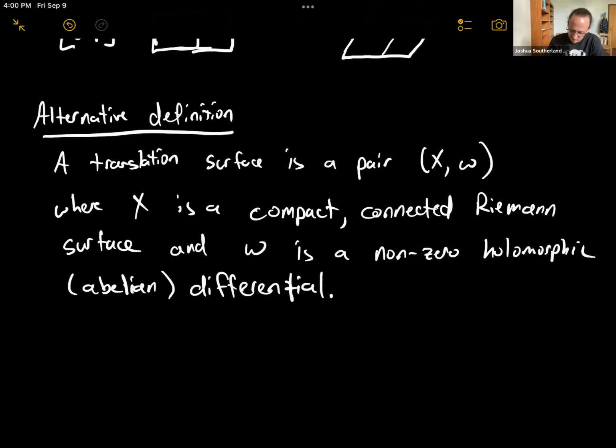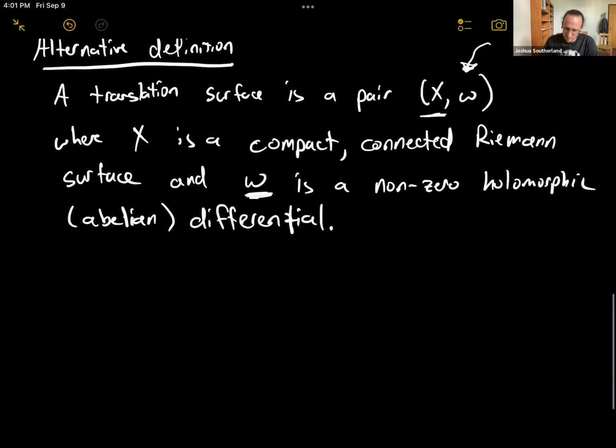And I just mention this for a couple of reasons. One, in my notation above, I dropped the Riemann surface and I'm just hanging on to the differential, but it's just my shorthand. So when you see omega, it's just a reference to the translation surface.